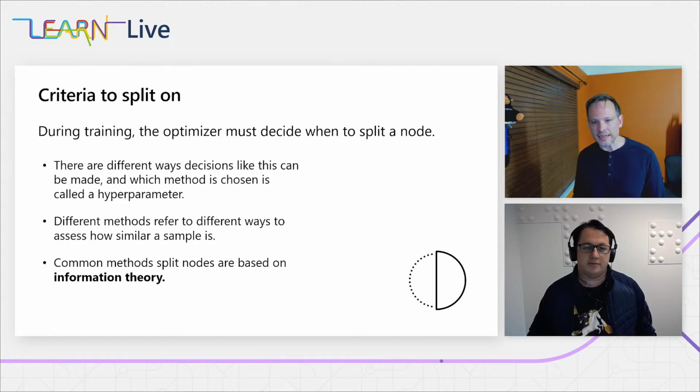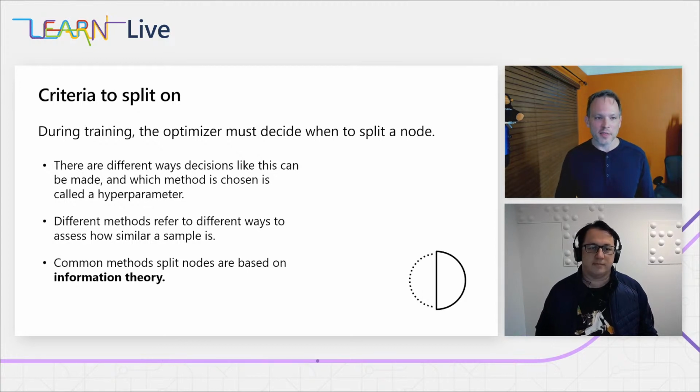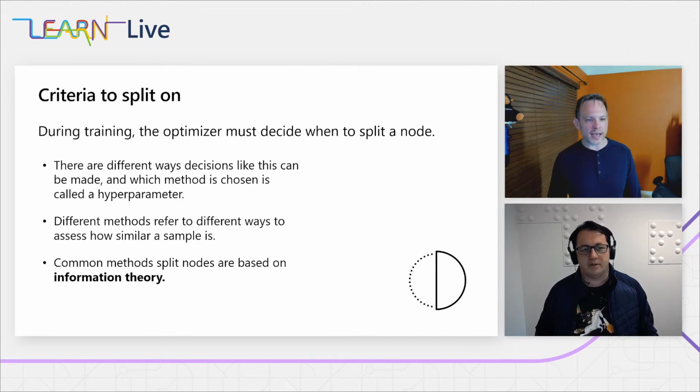And so we don't literally go through every single possible combination of splits. Instead, there are heuristics or guesstimates that are used, and this is some of that magic compiler math under the hood stuff. We can affect what guesstimate algorithms they use. That's not the technical term in this case. Hyperparameter is the technical term.